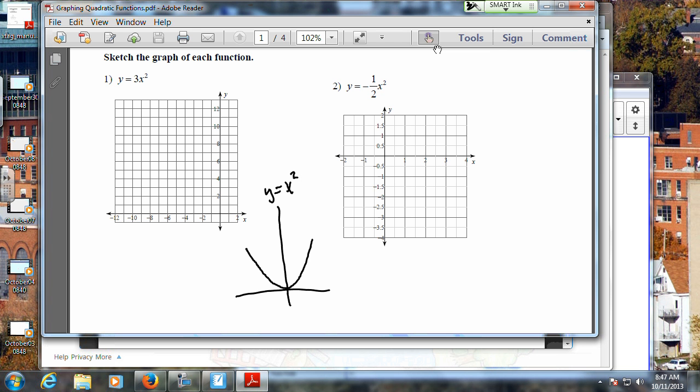squared. And this is a particular quadratic, a parabola with vertex at 0, 0. And you can kind of get a sense of the scale by realizing that with y equals x squared, when x is 1, x squared is also 1.